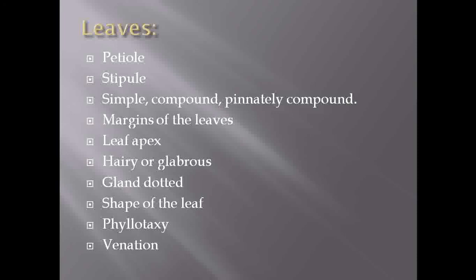Then about the venation, whether our leaf shows reticulate venation or parallel venation. This reticulate venation is observed in the dicots, while parallel venation is observed in the monocots.